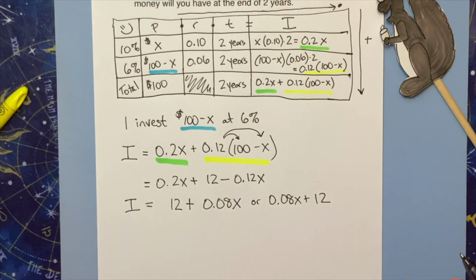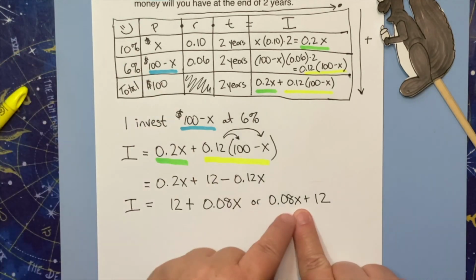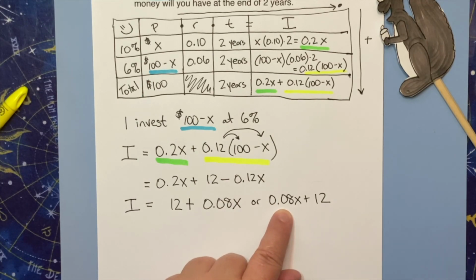So there's a premium if you are brave. And remember that we talked about with the first problem, 10%, because the interest rate is so high, means it's a risky investment. So how much are you going to get paid off for being brave? Well, for every dollar you bravely invest at 10%, you get an additional 8 cents, which doesn't sound like a lot, but if you're investing a lot of money, that can actually add up to quite a lot.